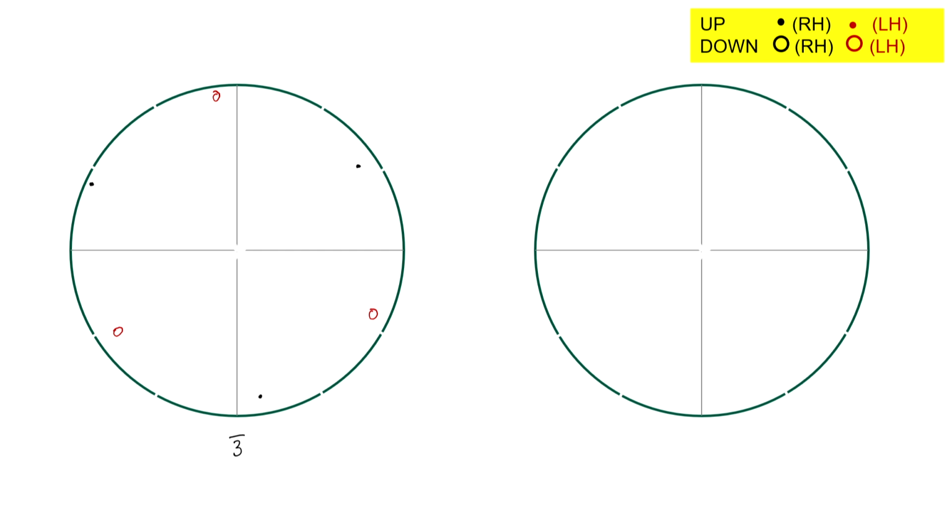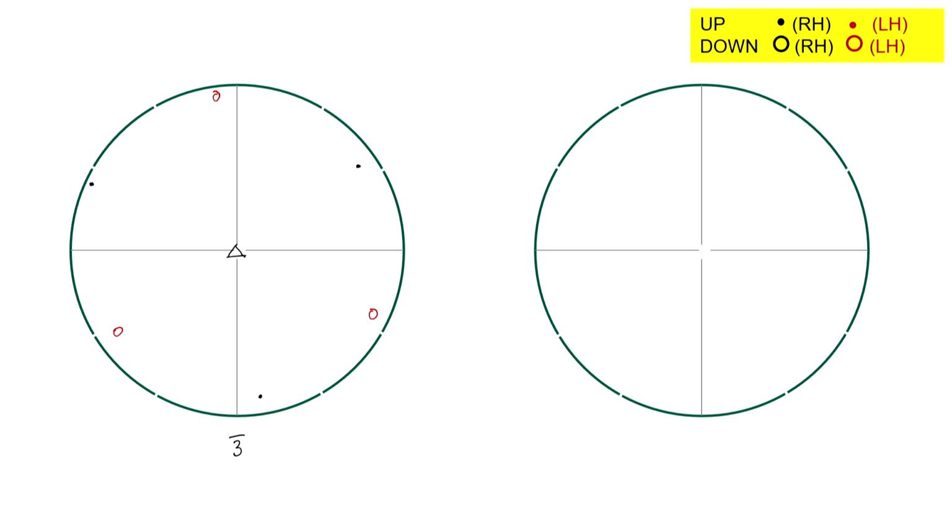Once I reach the starting point, that means it will just keep repeating. So, the diagram is now complete. Now, what do I see in this? Well, I see clearly that there is a proper threefold rotation axis. Anything else I see?